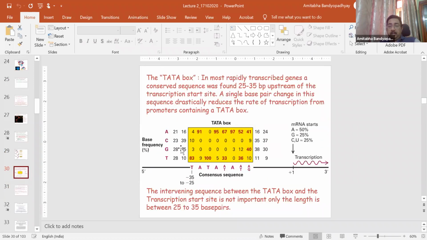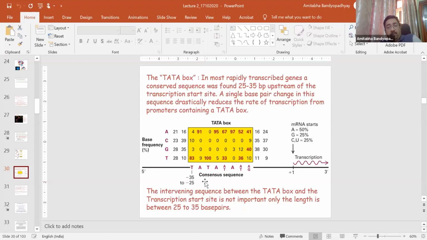So you see that there is this 83% probability that there will be a T in the first place, then 91% that there will be an A in the second place, right? So this is statistics. As they say, there are 3 degrees of lie: lie, damn lie, and then statistics.